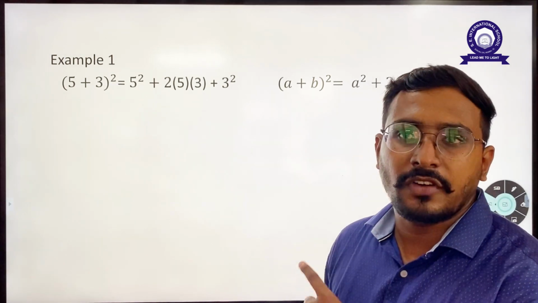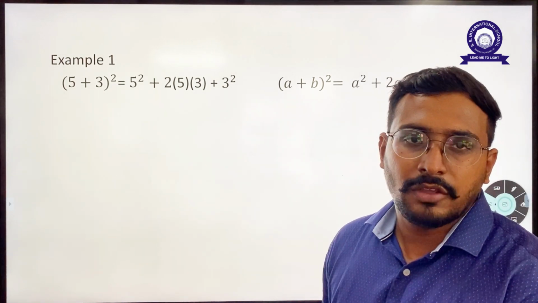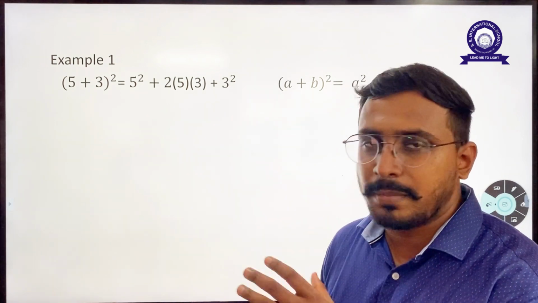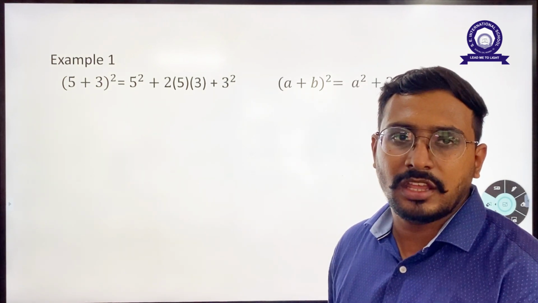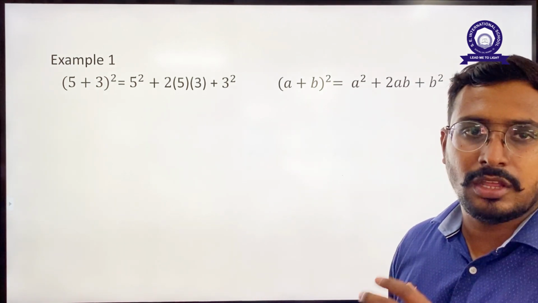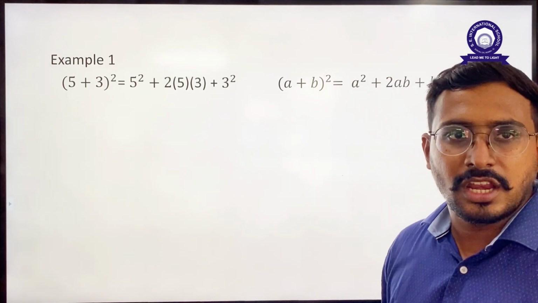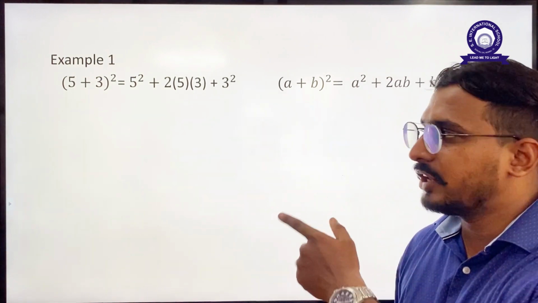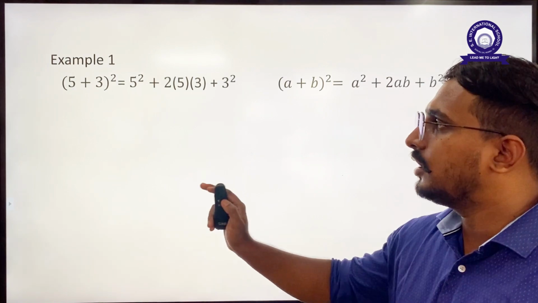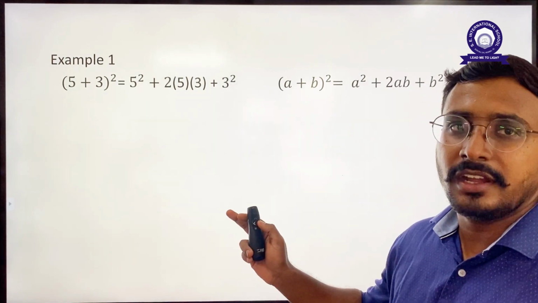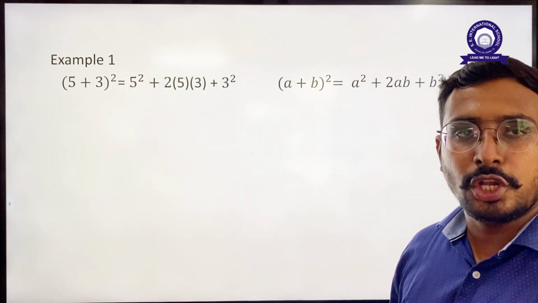Moving forward to the first formula, you can see example number 1 I have written over here. You can see (5 plus 3) the whole square. If you have seen any part of your sums for quadratic or linear equations, you may find such an expression. You can write it as 5 square plus 2 into AB.